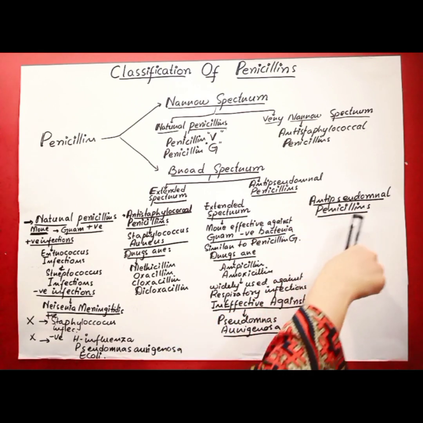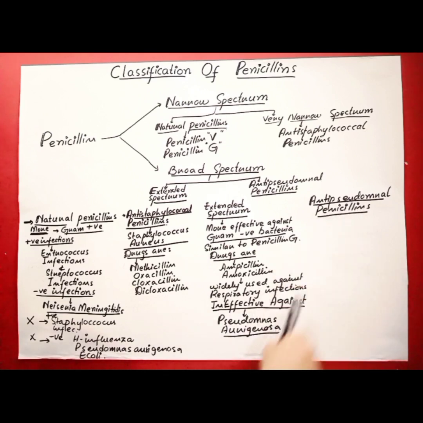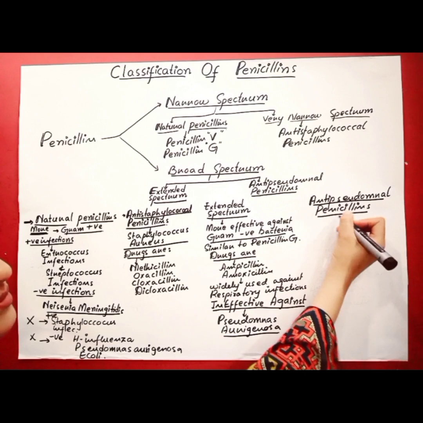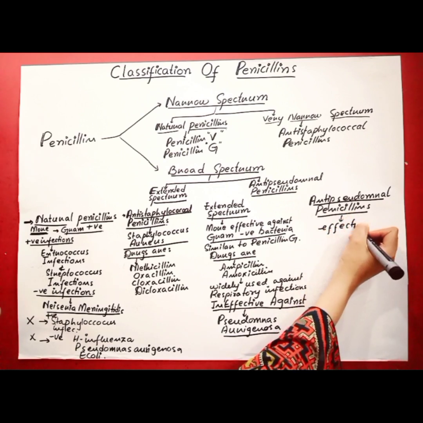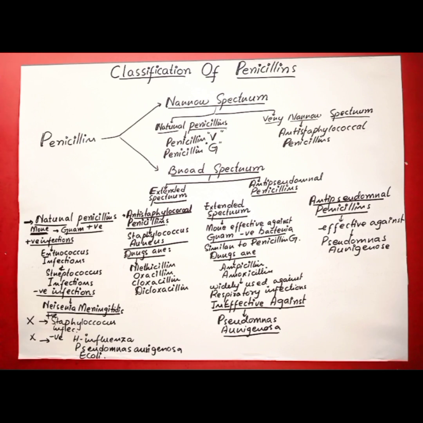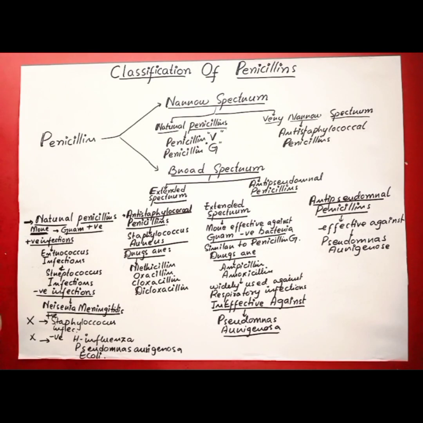This particular group of antibiotics is more effective against Pseudomonas aeruginosa, and also against a large number of gram-negative bacteria. Among all these drugs, piperacillin is the most potent.